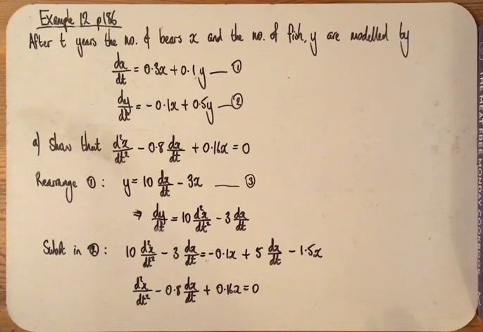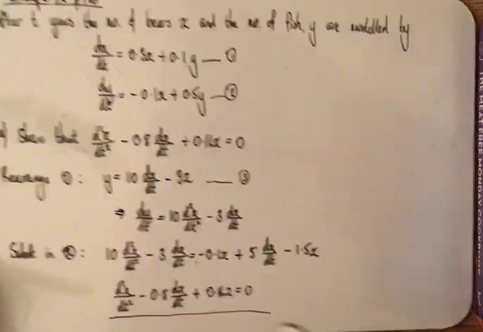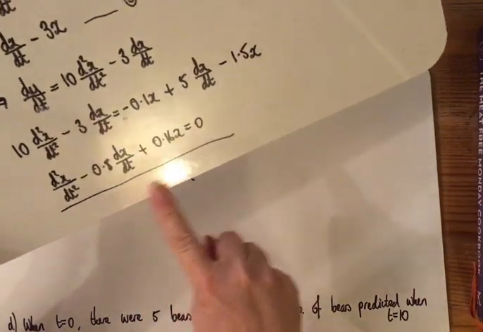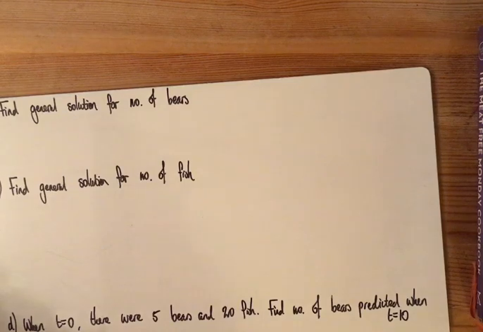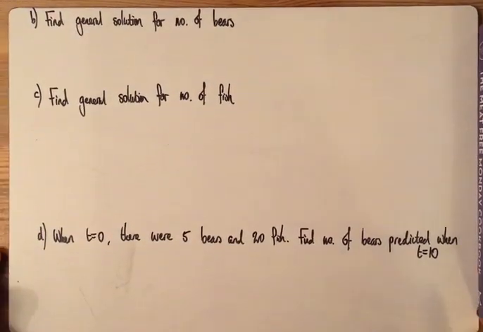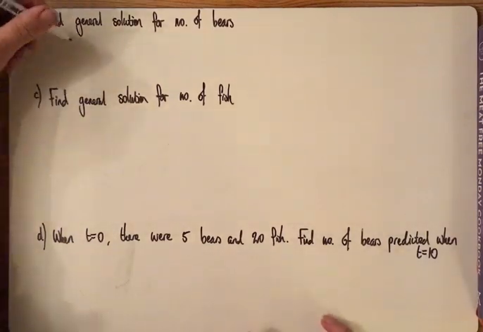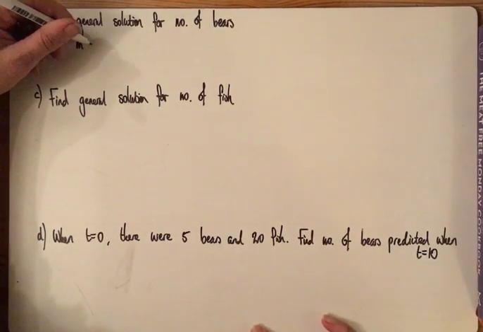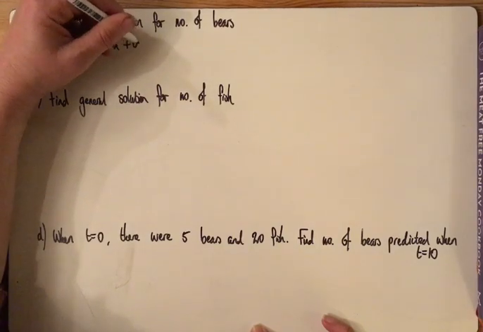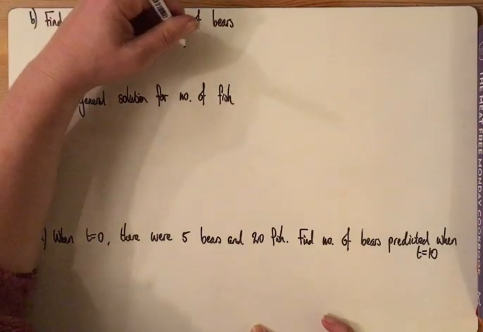And then section B, we're going to find the general solution for the number of bears. That's nice and easy because you're just solving this homogeneous second order differential equation. So we can look at the auxiliary equation, which is m squared minus 0.8m plus 0.16 is 0.